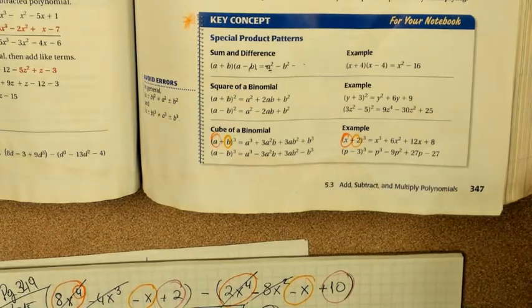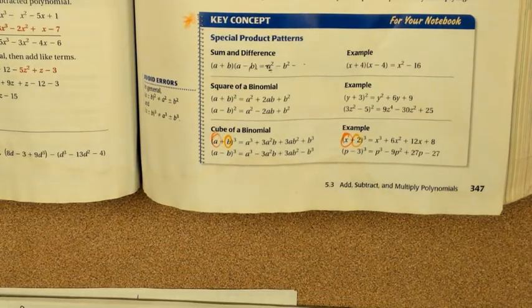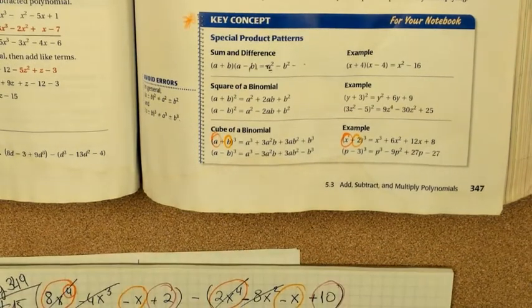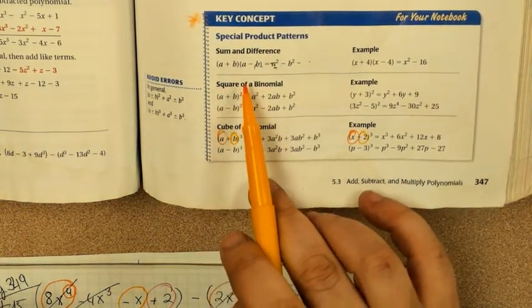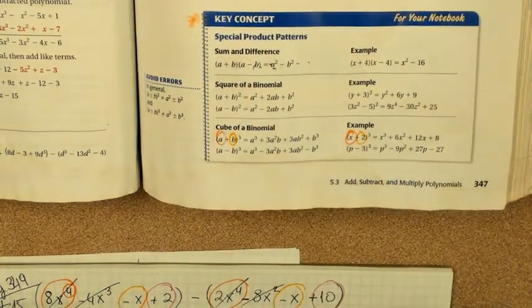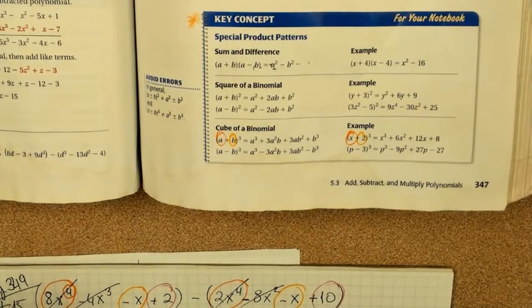These key concepts are very, very important. So, when I have (a plus b) times (a minus b), in other words, I have the same two terms, a variable and a number, let's say like over here, x plus 4, but one with a minus and one with a plus, I call this the sum and the difference.